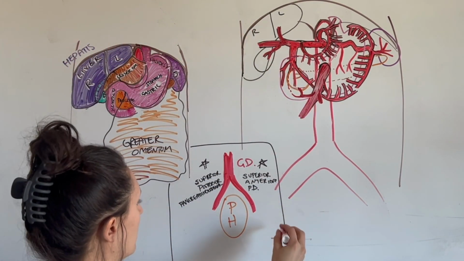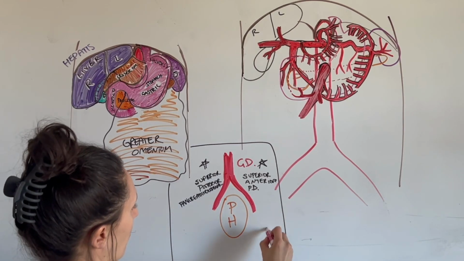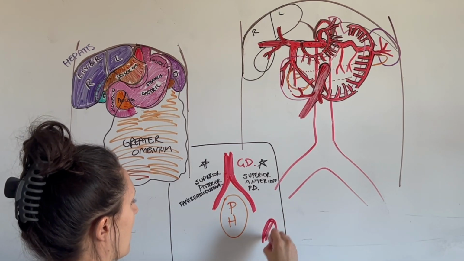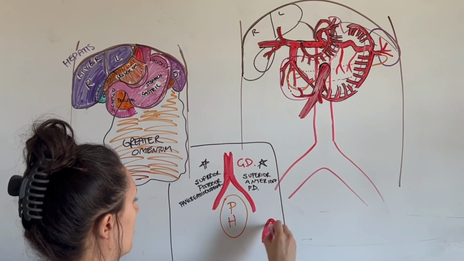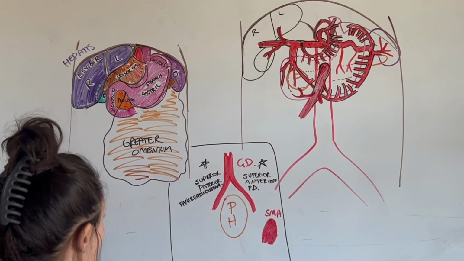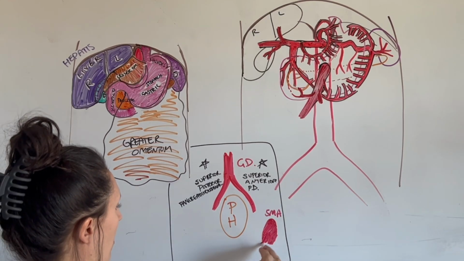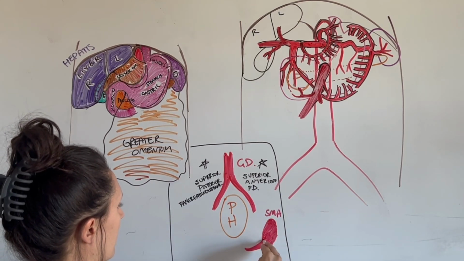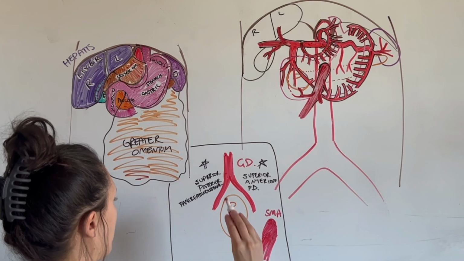From our superior mesenteric artery, which I'm just going to draw over here for the sake of clarity, not accuracy, superior mesenteric artery, SMA, is going to give off its very first branch, and then it's going to continue and do other things.